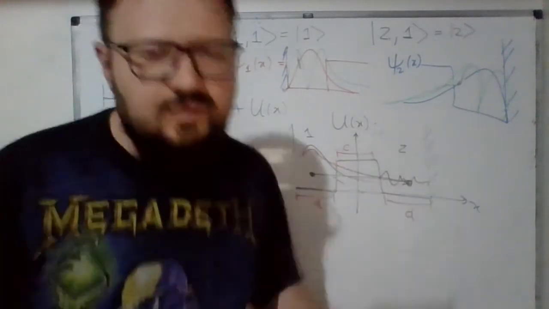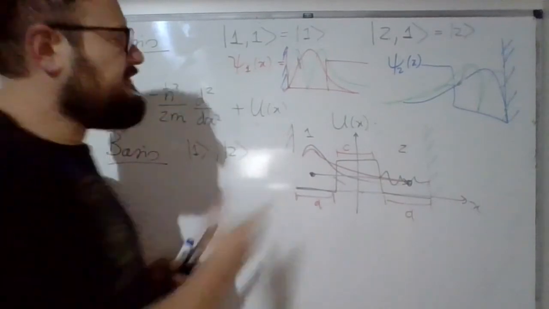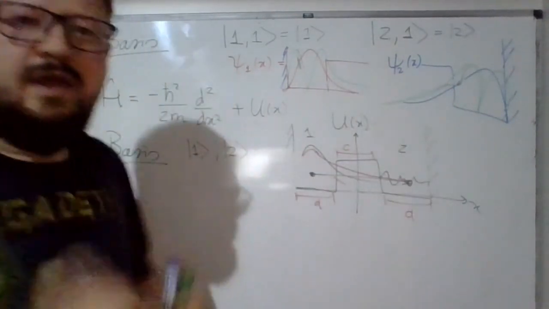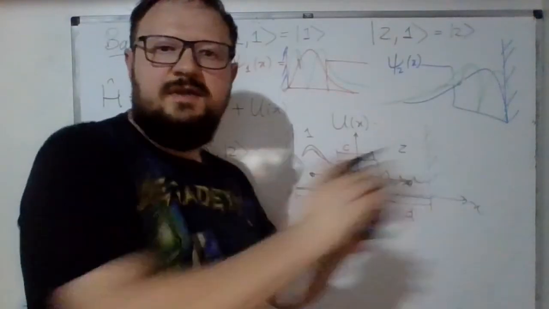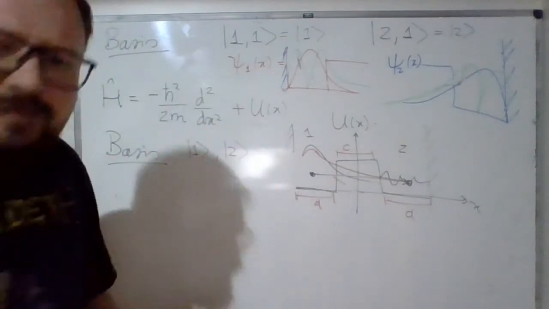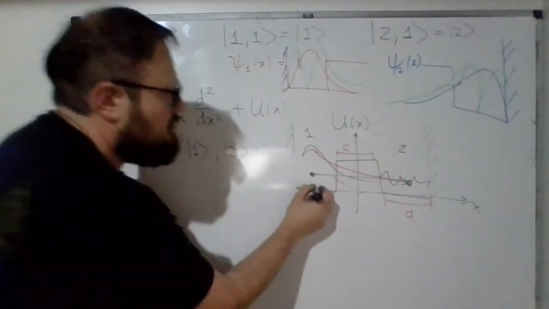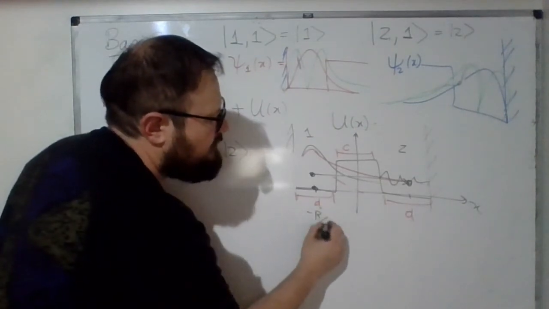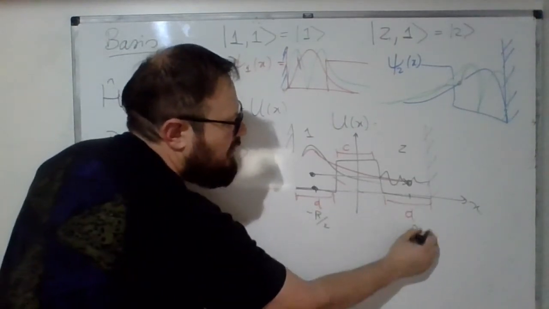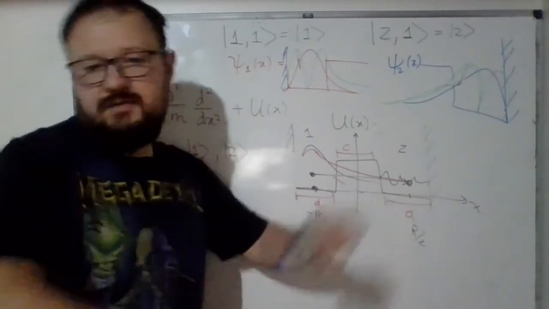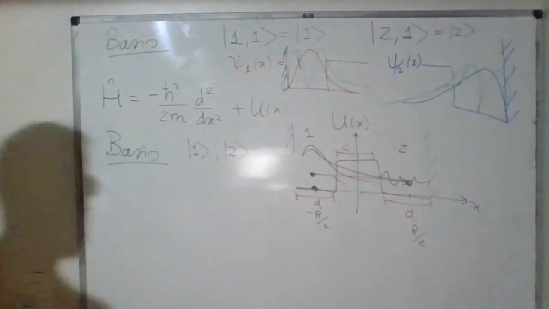If you have the solution of one well, to find the solution for the other well, you just need to reflect the solution and displace it. That's all you need, all right? So suppose this point here in the middle is minus R over 2, and this point here is R over 2, so you can calculate this limit and this limit, all right, you can perform the calculations.